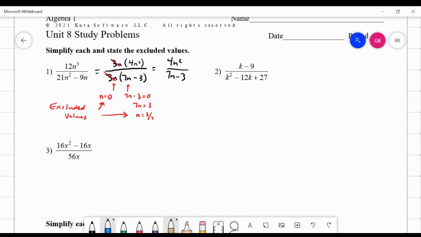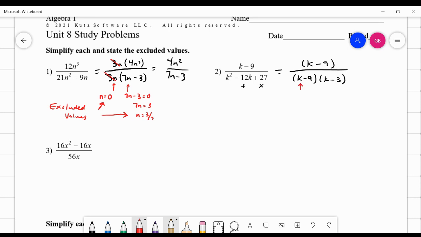All right, for number two, first we're going to factor. So k minus 9 on top, and then numbers that add up to -12 and multiply to 27 are going to be -9 and -3. So k minus 9 and then k minus 3.